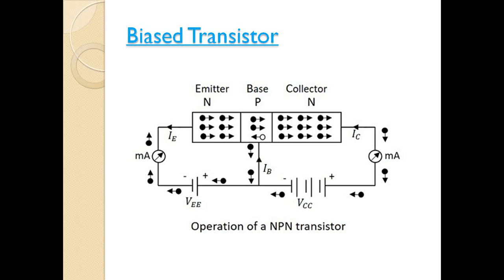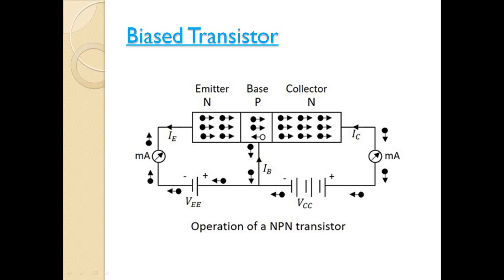Here I am applying the external DC voltage in such a way that I am grounding the base region, and applying the negative of the external voltage to the emitter region and the positive to the collector region. When this negative is applied to the N region, it means it is forward biased.